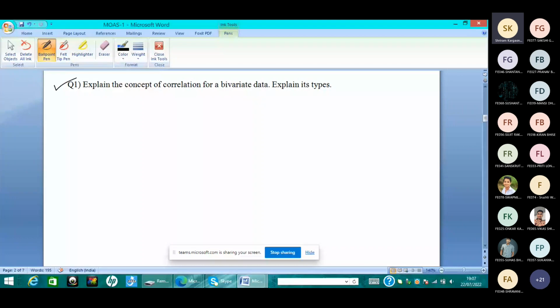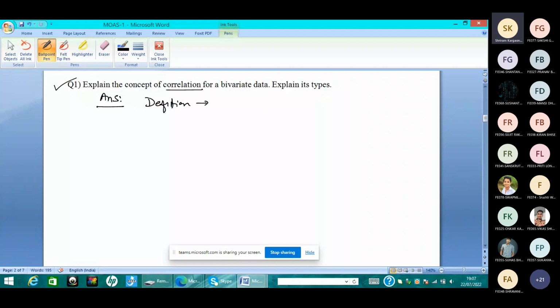Looking at your response, I understood that I'm sure you understand the concept of correlation. So in this I will give you a hint what to write. First of all, you write the definition of correlation. And whenever you write in the exam, be specific. Don't write anything irrelevant.